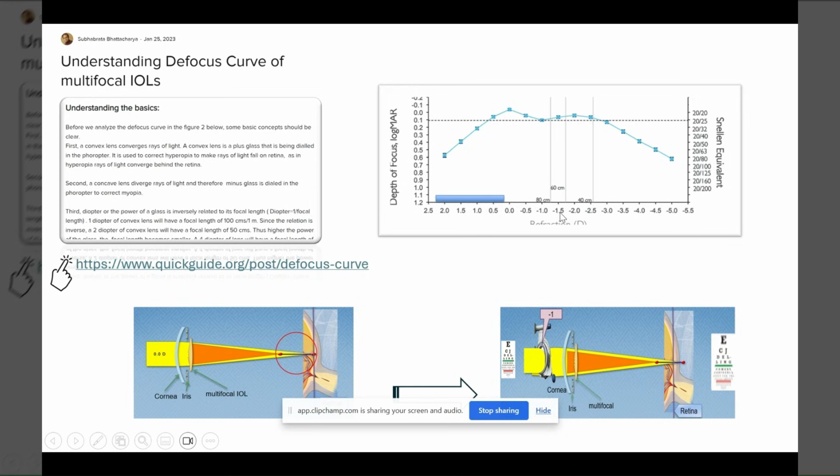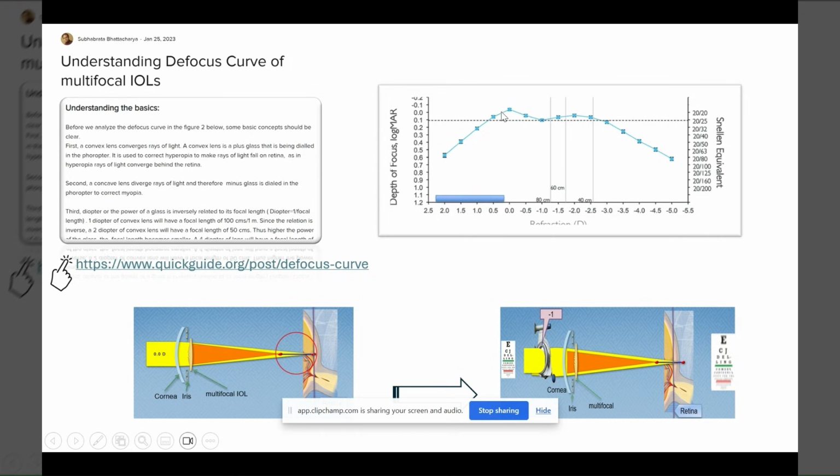So for example, if you have dialed a minus 1.5 diopter lens, this would mean that you are making the patient read this Snellen chart at a distance of 65 centimeters from the eye, which is a kind of intermediate vision, which is related to your laptop work, the everyday work that you type on your laptop. That's probably around 65 to 70 centimeters from your eye. So if you're dialing minus 2.5, that would mean a 40 centimeter vergence distance from the patient's eye to the Snellen chart, right?